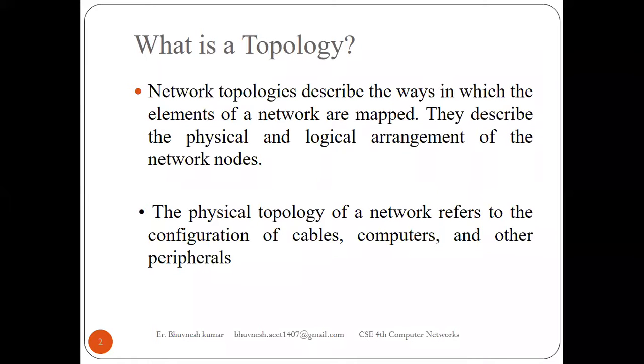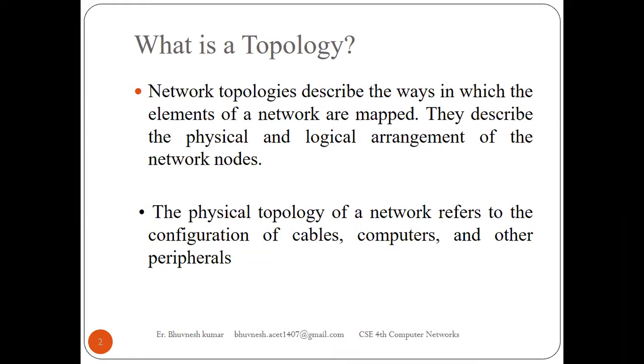Here the elements are your desktop computer, your laptop computer, your switch devices, and your printers. All these are elements, and it is the way in which the elements of your network are mapped. Mapped means they are arranged and connected. Network topology also describes the physical and the logical arrangement of network nodes.